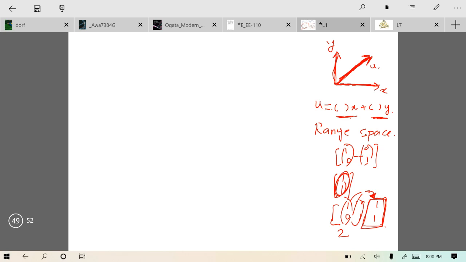And if there is a third row, then in this 3 by 3 matrix, there are two vectors which are linearly independent. So rank of your matrix is 2 and nullity is number of columns minus rank. Number of columns is 3 and rank is 2. So here nullity is 1.